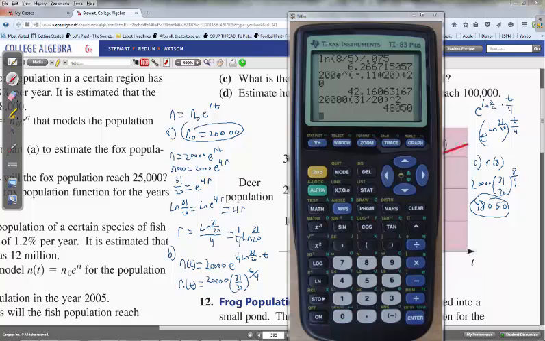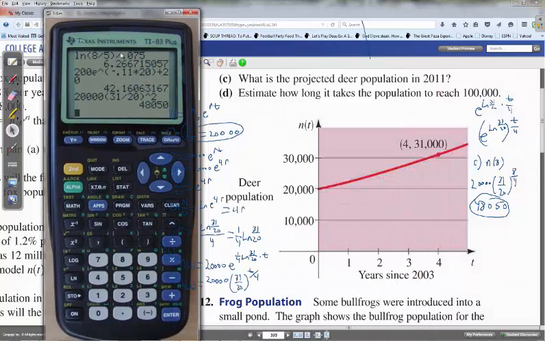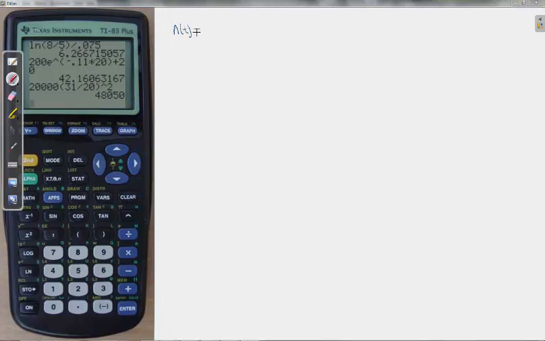Last part, how long will it take the population to reach 100,000? For that, our function equals 20,000 times 31 over 20 to the t over 4. We want to know how long it will take to reach 100,000. So this is my population over here, 100,000. One more zero.